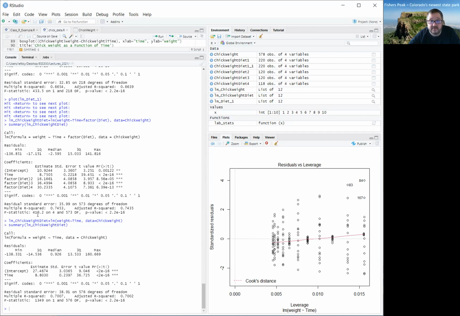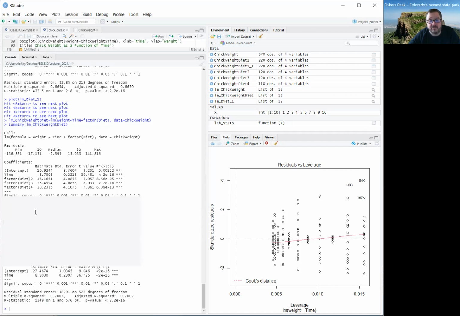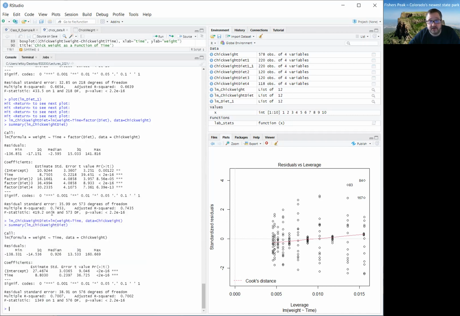The F statistic went up from like 419 to 134.9. It was actually a higher F statistic, and it went down for using factors, but remember that we've changed our degrees of freedom in the model, 4 degrees of freedom versus 1. So that explains the difference in the F statistic.